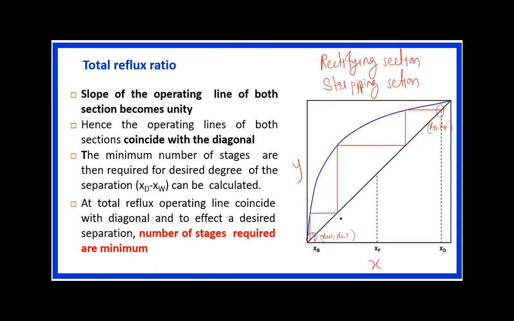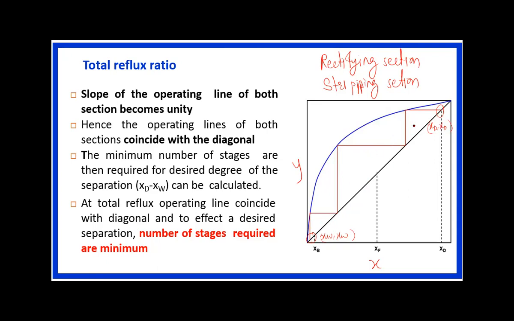So both operating lines lie on the diagonal. That is why we calculate the number of theoretical stages by drawing horizontal and vertical lines directly between the xD, xD point and the xW, xW point.